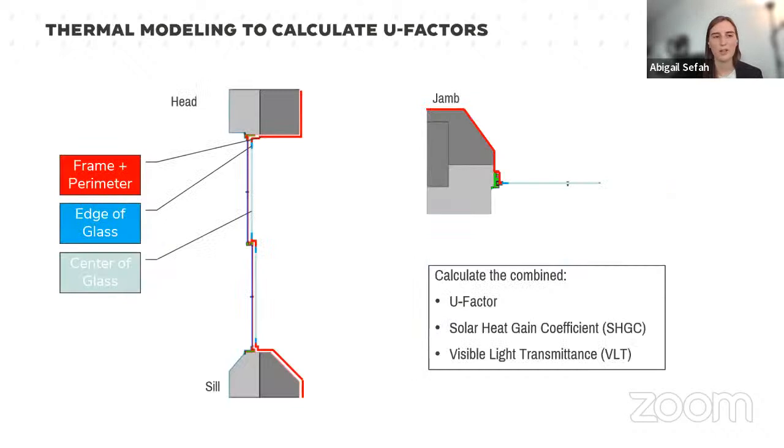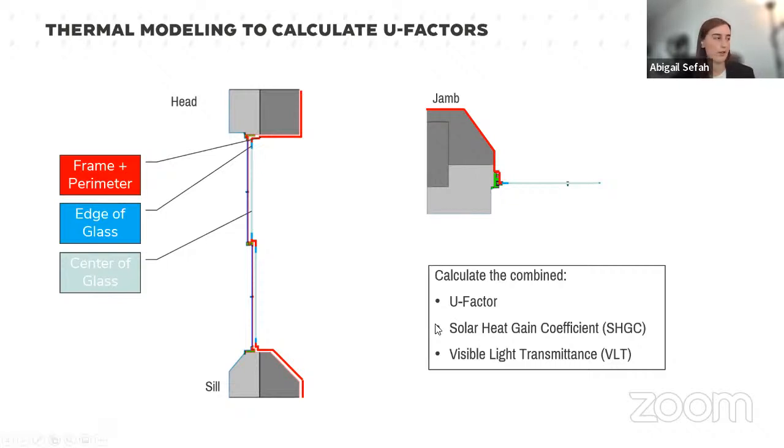We used THERM and WINDOW to calculate the overall U-factor, solar heat gain coefficient, and visible light transmittance for these 3 options. We calculated separate U-factors for the frame and perimeter, edge of glass, and center of glass. And you'll also notice that all of our models included 1 foot of perimeter area.